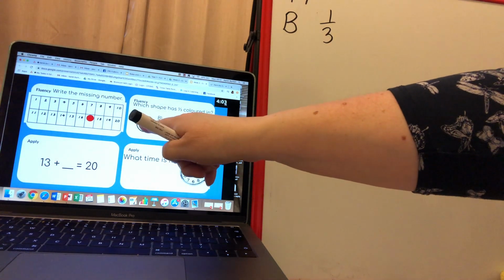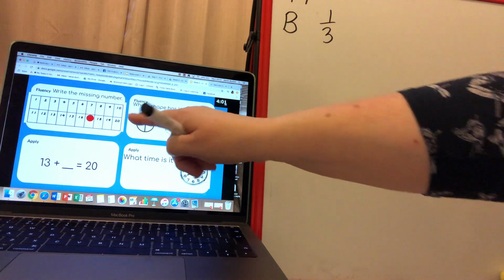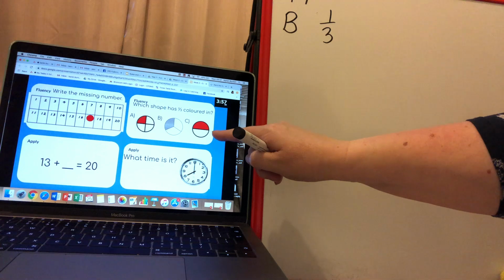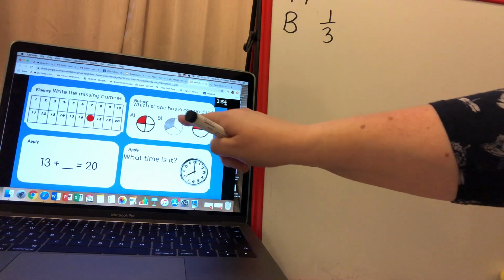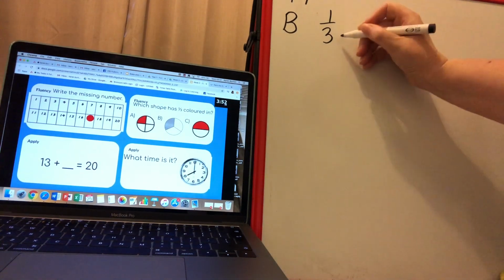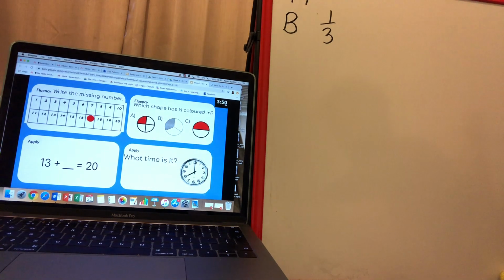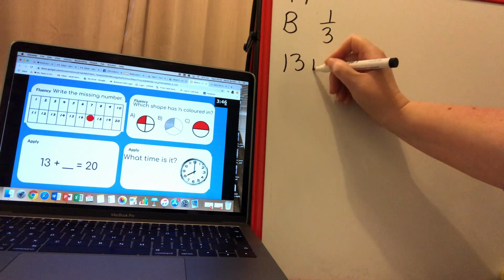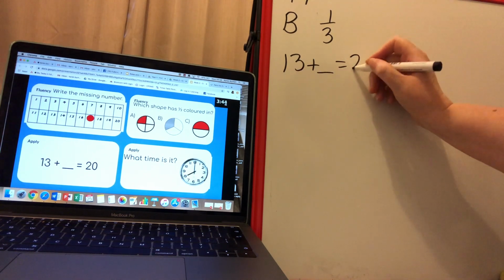A is split into 4 parts, that's showing 1/4. C is only split into 2 parts, that's only half. It's B that's split into 3 parts and one of them is coloured. 1 out of the 3 parts is coloured. The answer's B.